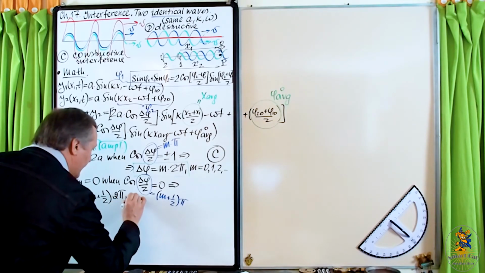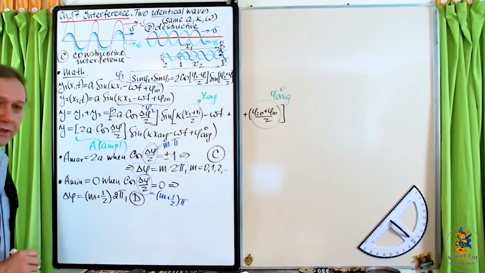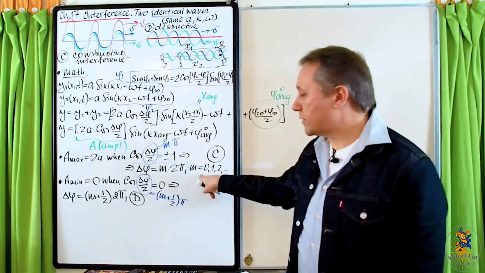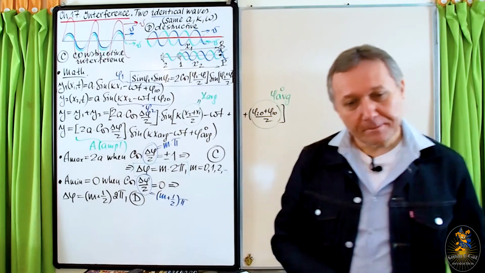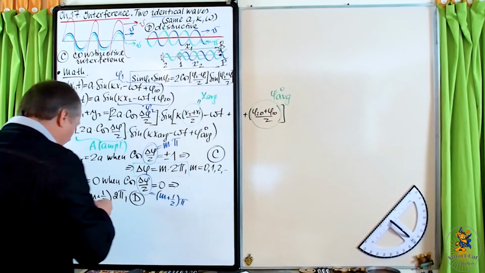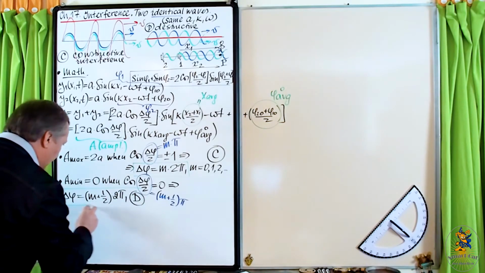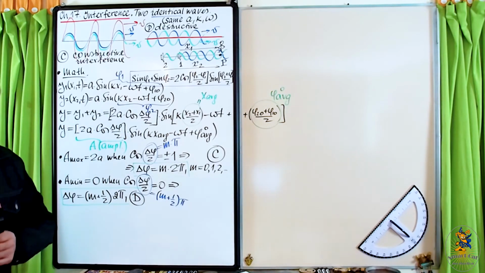And so this is a condition for destructive interference. Again, m is the same integer, 0, 1, 2, and so on. Again, I can frame it, but lightly, because it's not the final result.